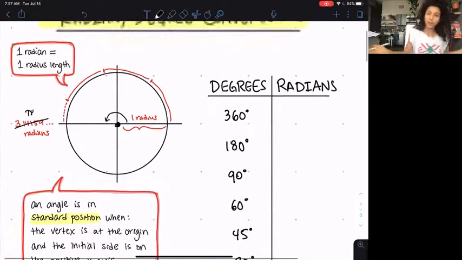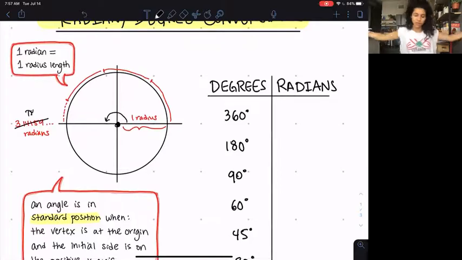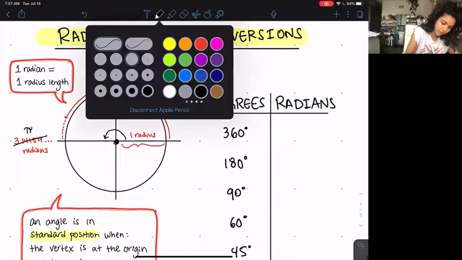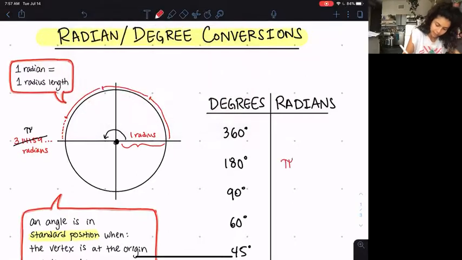So you may recall that that's from semicircles 180 degrees. Therefore, the conversion is 180 degrees is pi radians. So it makes sense then to go all the way around a circle, right? Would be not 1 pi, but 2 pi radians.